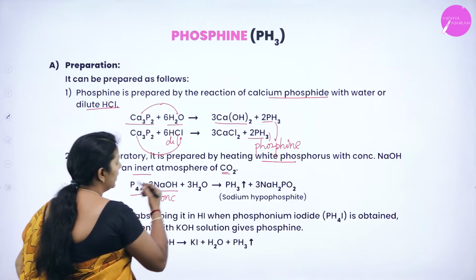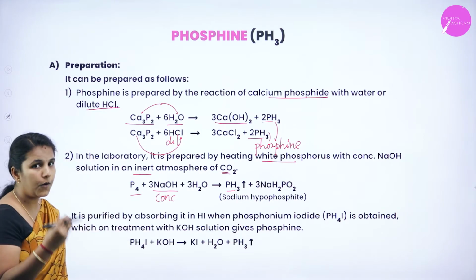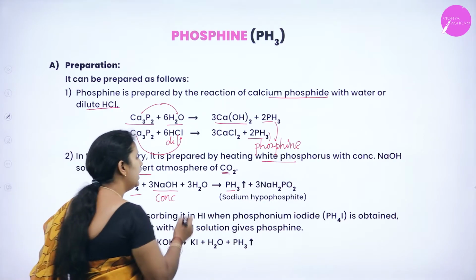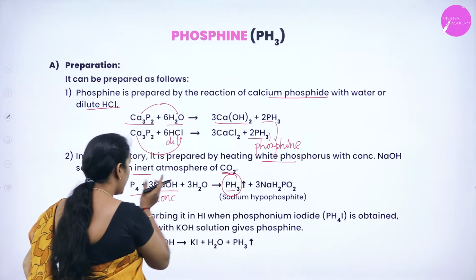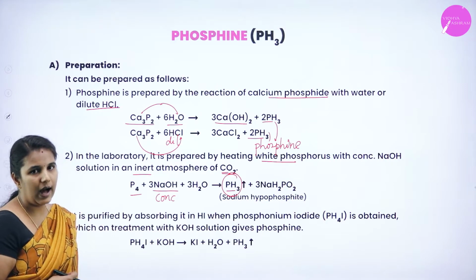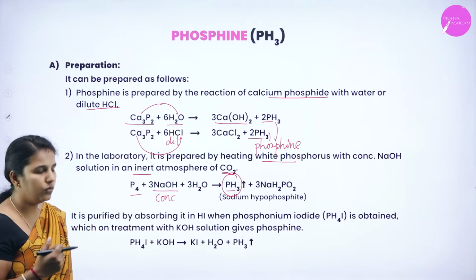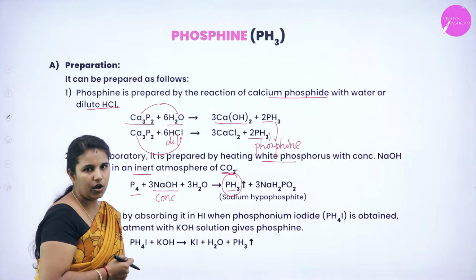It forms phosphine with the formation of sodium hypophosphite. This indicates that in the laboratory we can easily prepare phosphine just by taking white phosphorus with a very strong alkali, NaOH, in an inert atmosphere of carbon dioxide.